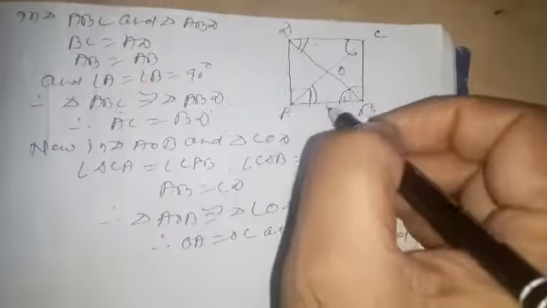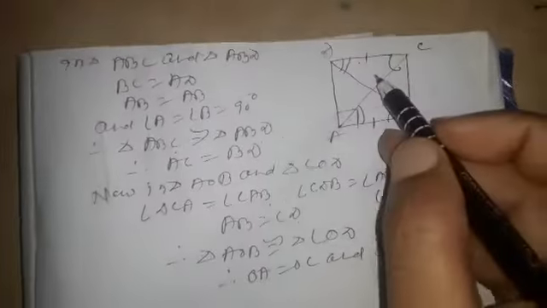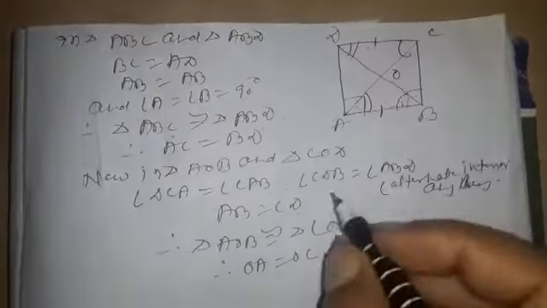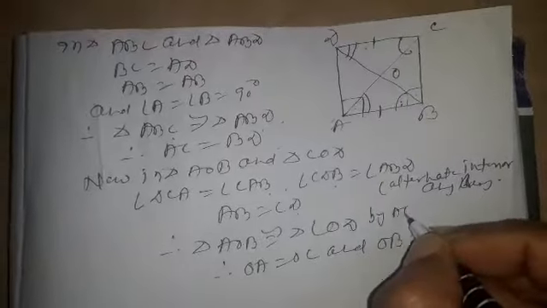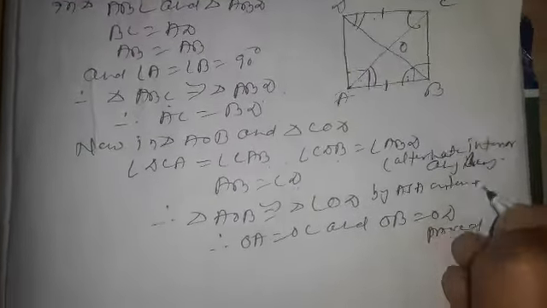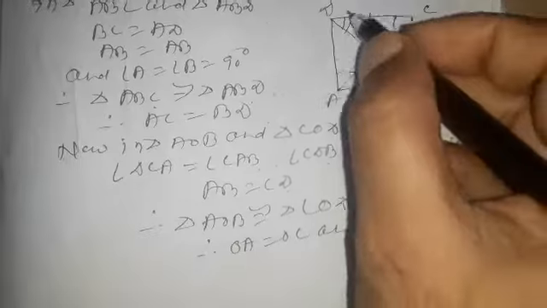These are also alternate interior angles, and opposite sides are equal. So DCA is CAB and CDB is ABD, and AB is equal to CD. Therefore the triangles are congruent by ASA criteria. Therefore OC is equal to OA and OD is equal to OB.